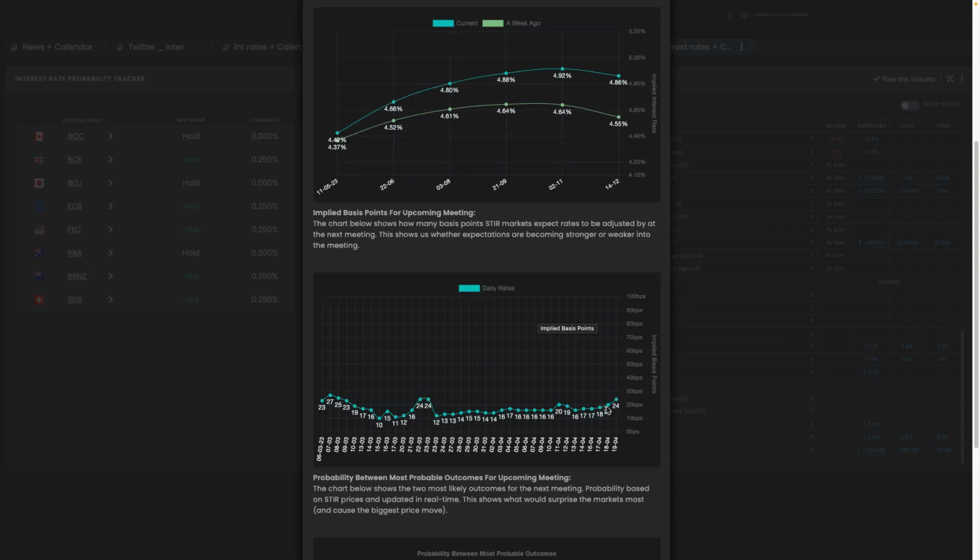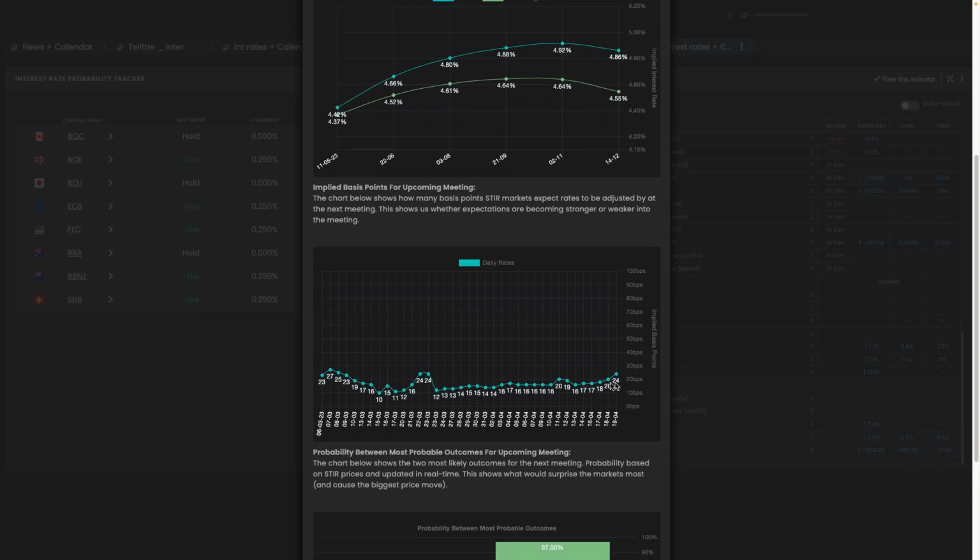And you see how the current level has gone up today, 4 basis points, expected to rise. From yesterday it went up 2 basis points, and today it has gone up 4 basis points. So we've gone up about 6 basis points in expectations for upcoming meetings over the last 2 days.